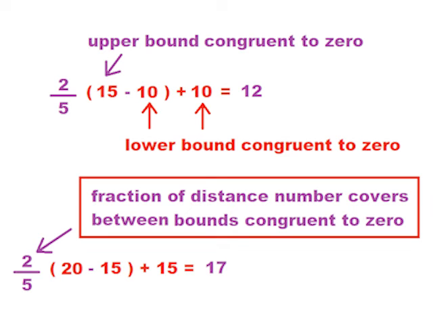So if we take the fraction 2/5 and apply it to a particular region with an upper and lower bound congruent to 0, we just multiply the 2/5 times the length of the region and add that on to the lower bound of the region. That will always give us points that are congruent to each other when the modulus is constant.